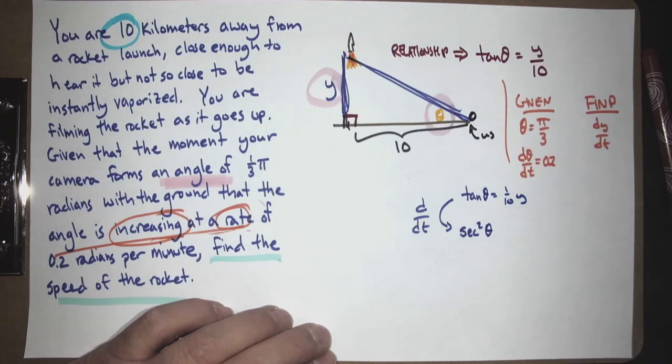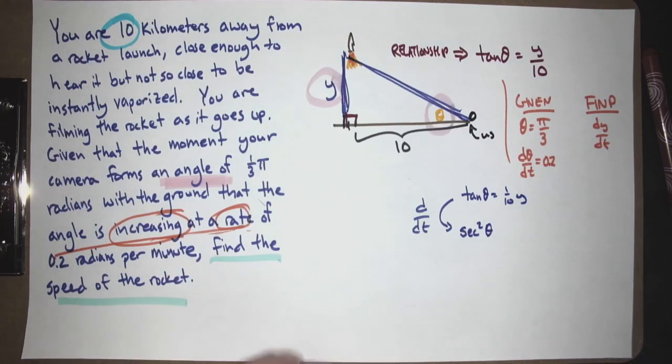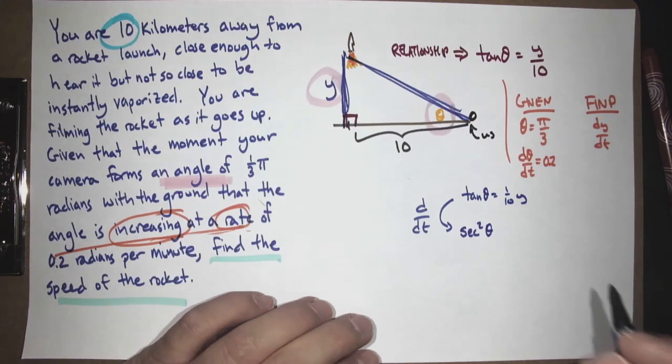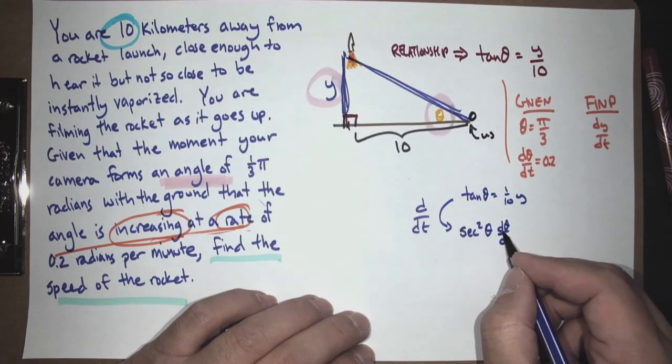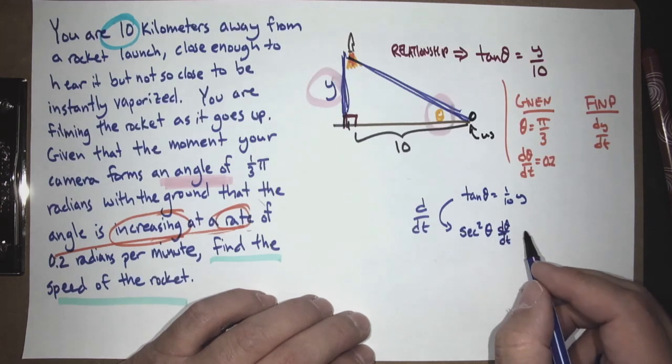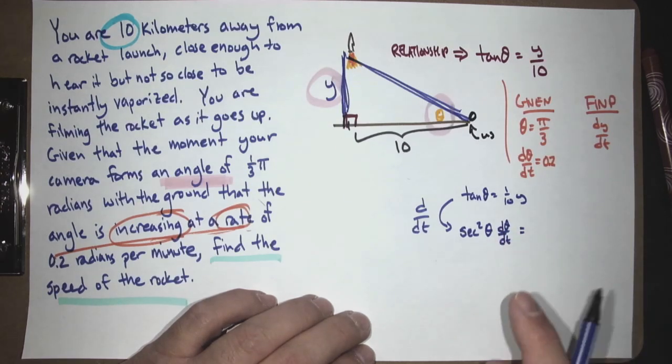Anything else? Chain rule. Don't forget the chain rule. So d theta dt. As you take derivatives, you're always going to get these derivatives. Equals, what's on the other side?